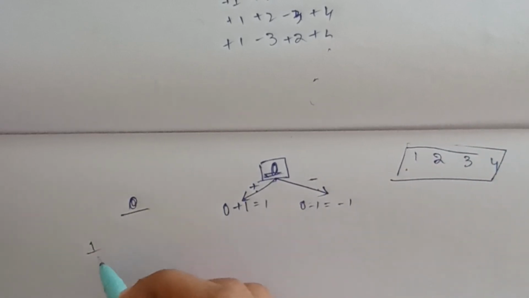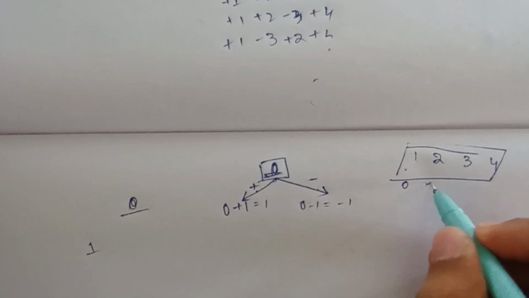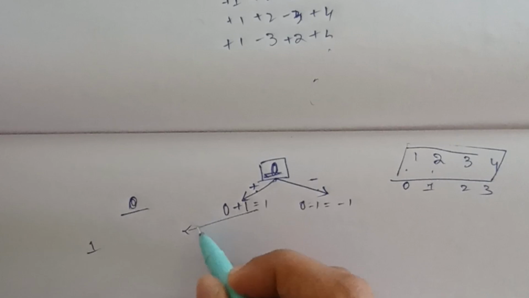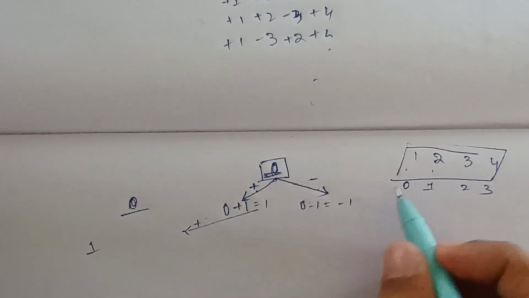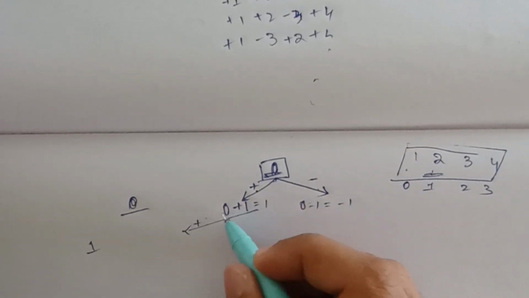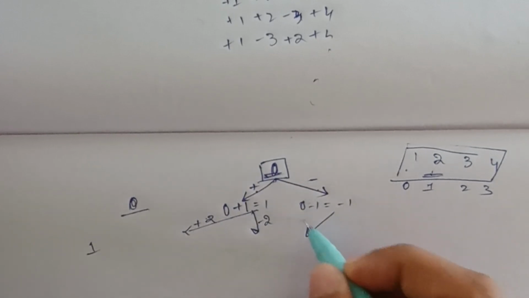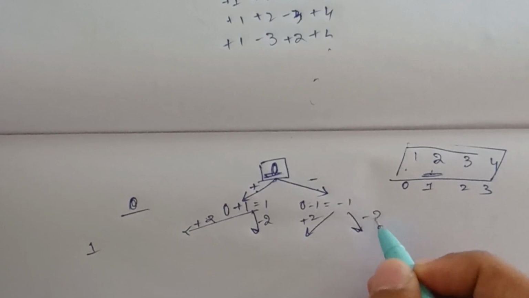Now take index 1. Here we can evaluate plus nums of i, that is plus 2 and minus 2. Here also plus 2 and minus 2.